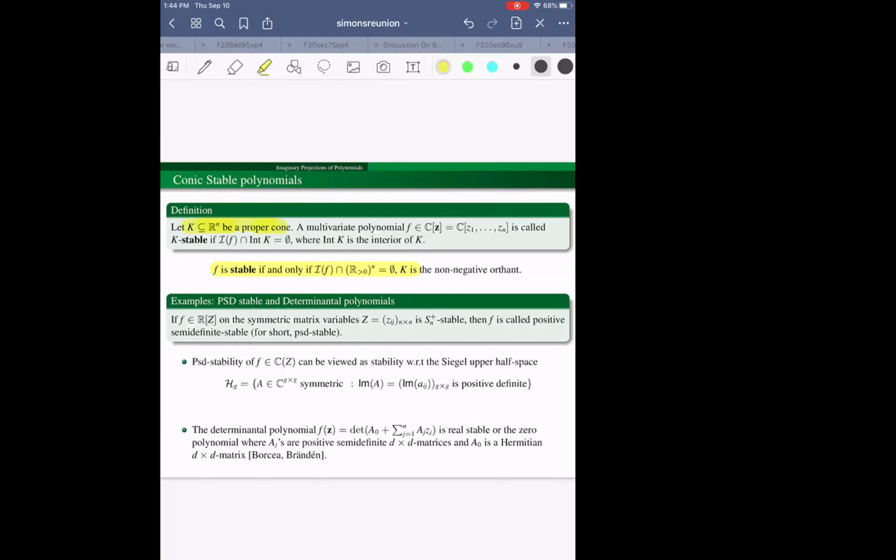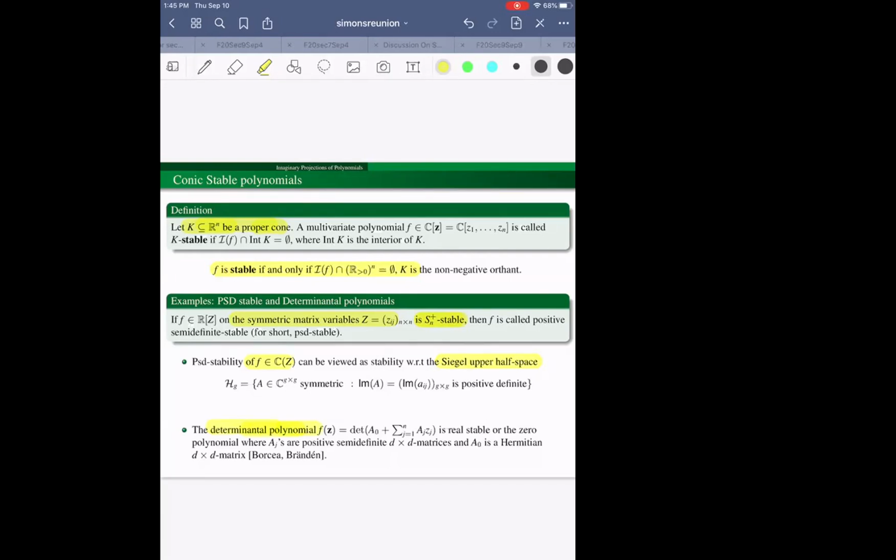Here are some examples, like we can define PSD stable polynomials. If we consider the cone as the cone of positive semi-definite matrices, then we get PSD stable polynomials when the variables are symmetric matrix variables. And one can define PSD stability with complex coefficients with respect to the Siegel upper half space. And here is another class of polynomials, determinantal polynomials, which generate conic stability.